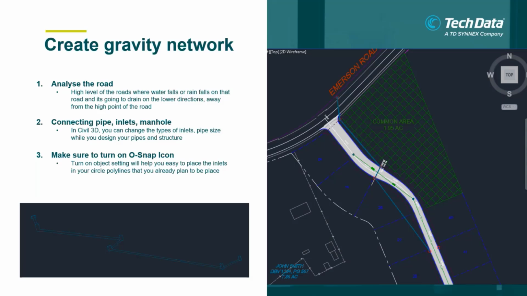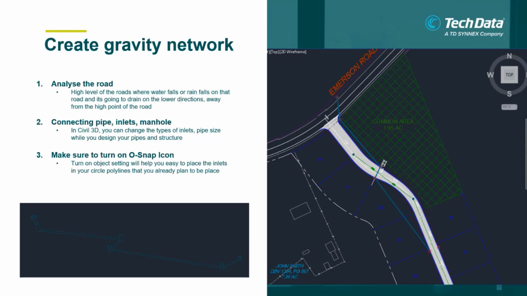So this is where you first, when you wanted to start, of course, this is an example that I will share with you of how to create a gravity network, okay, in Civil3D.